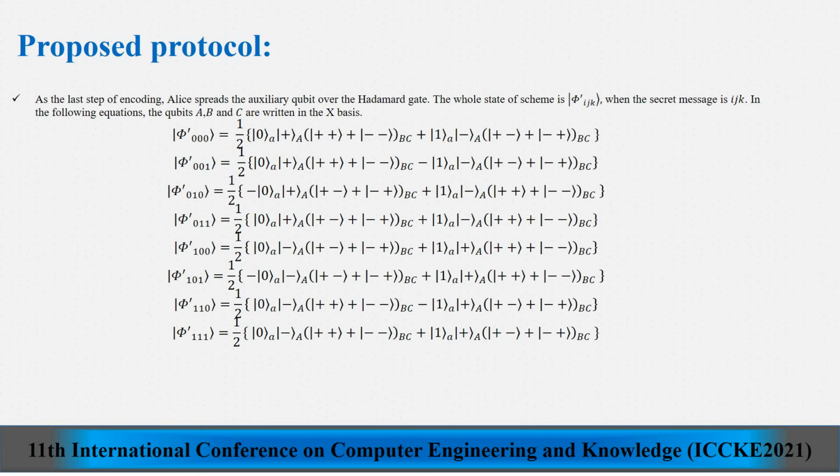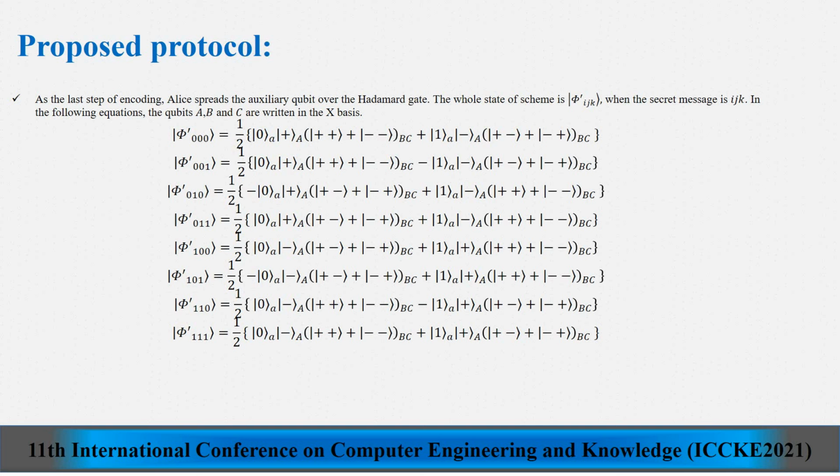In the last step of the encoding phase, Alice applies the Hadamard gate to the auxiliary qubit. The whole state is one of the following states when the secret message is IJK.